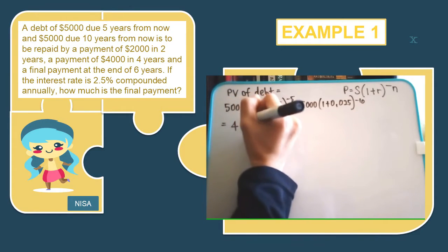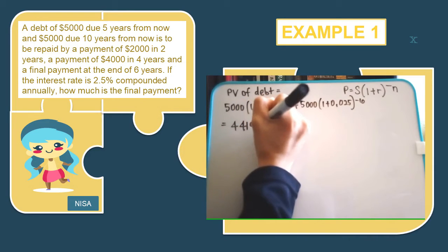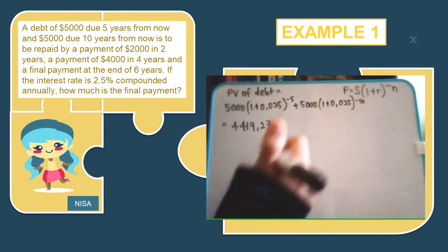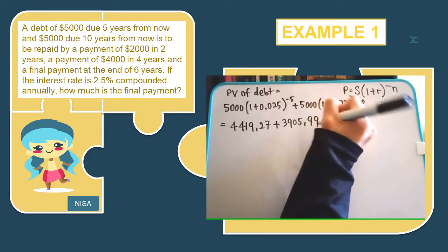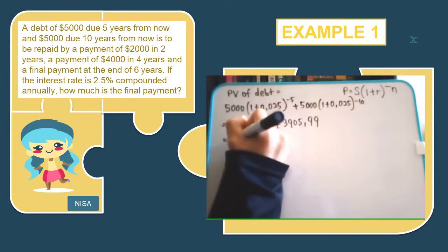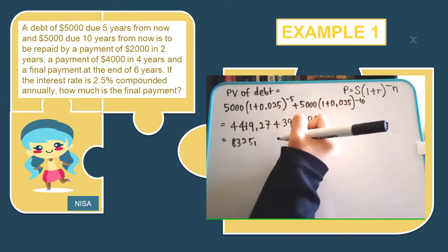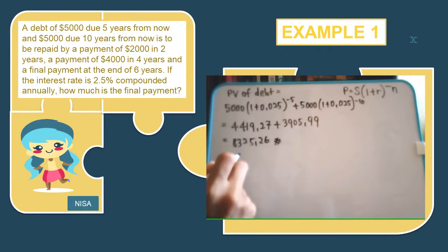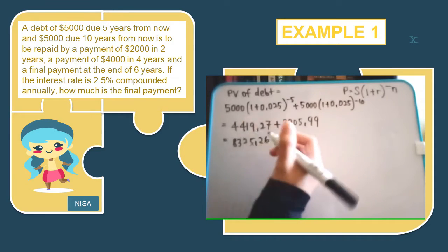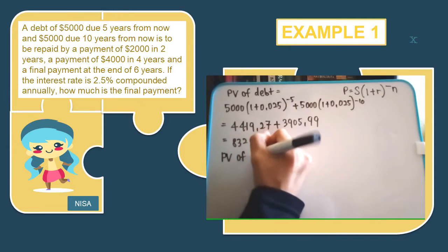So we get $8,325.26. So next step, we are going to find the present value of payment.